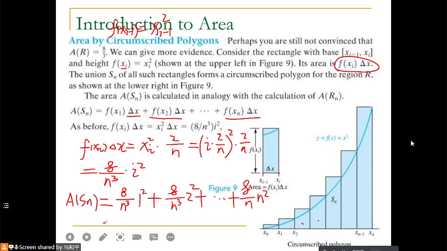And we have the factor 8 over n cubed. This is equal to 1 square plus 2 square plus up to n square, right? Then we use formula 2. We have this is equal to 8 over n cubed times 1 square plus 2 square plus up to n square, which is equal to n times n plus 1 times 2n plus 1 over 6.